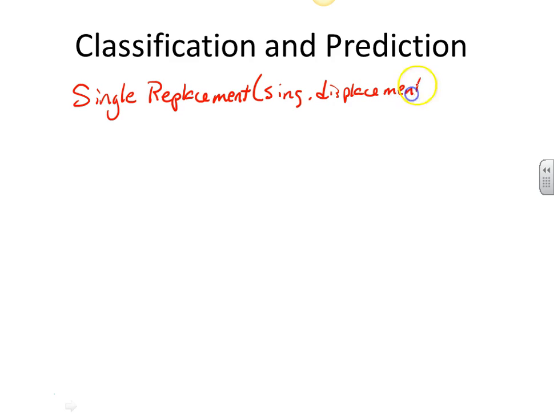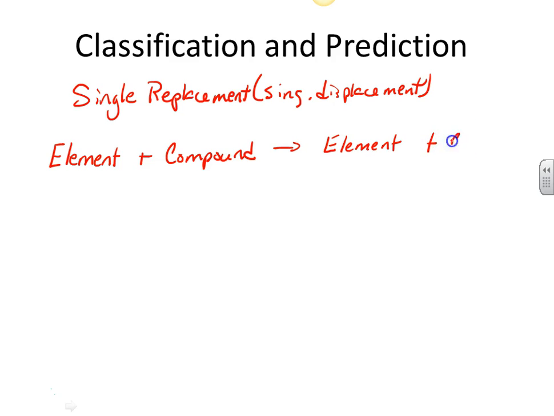Our first type of chemical reaction is going to be the single replacement, also sometimes called single displacement. The general pattern of this is that we have an element plus a compound yields another element plus another compound.